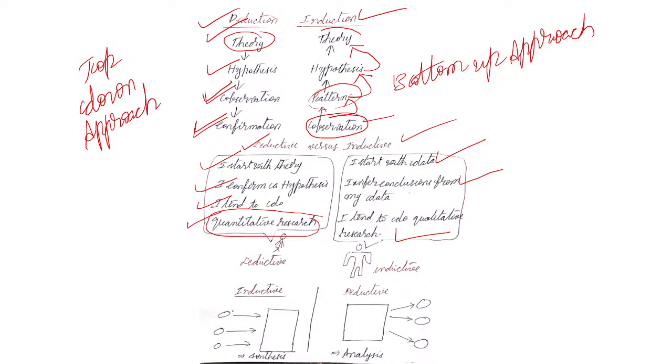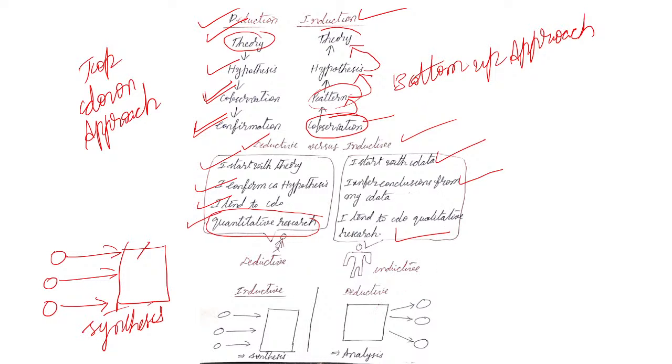See here, these are the diagrams. In inductive research, this is synthesis. Synthesis means using all the observations to make one conclusion. After observing so many things, we make a conclusion. This is called synthesis.